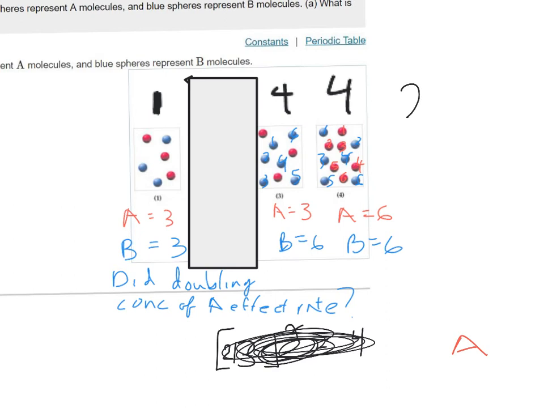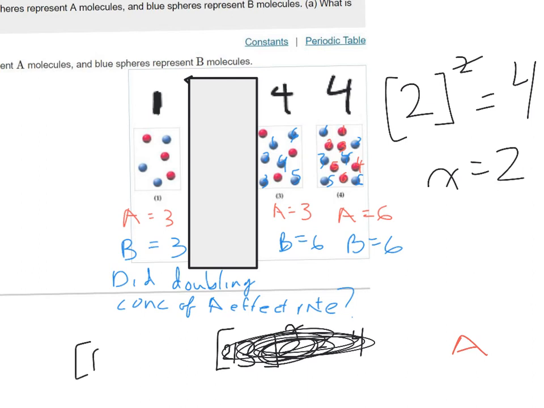We doubled our concentration of B, and we saw our rate quadruple. What can we raise 2 to, to get our rate to quadruple? 2. So we can conclude that our reaction has to be second order in B.